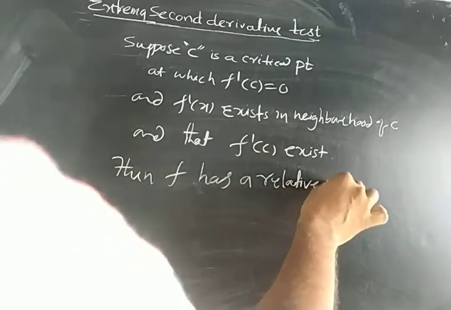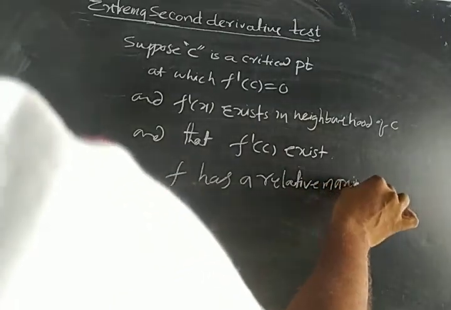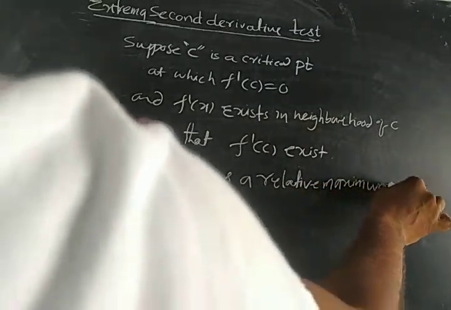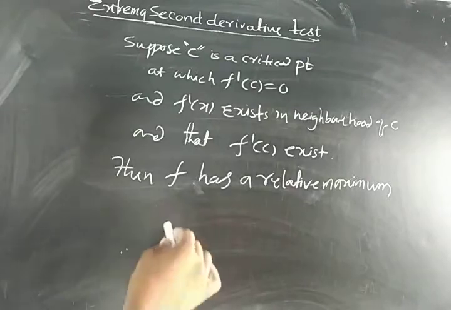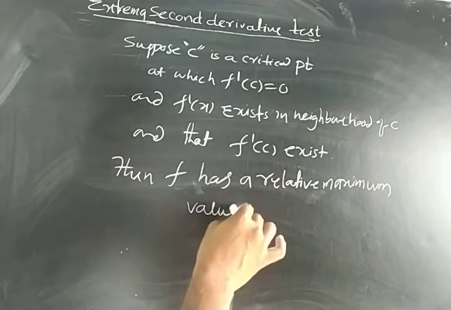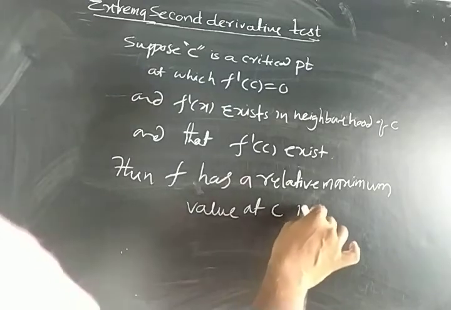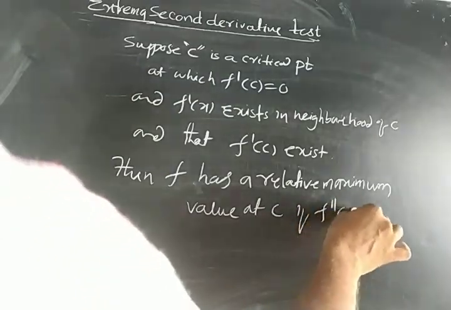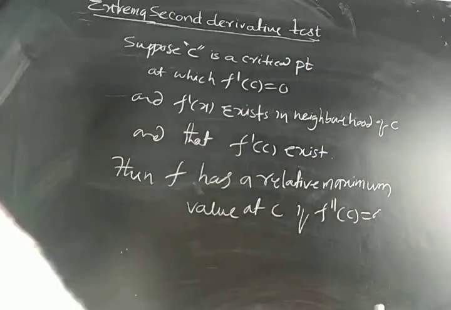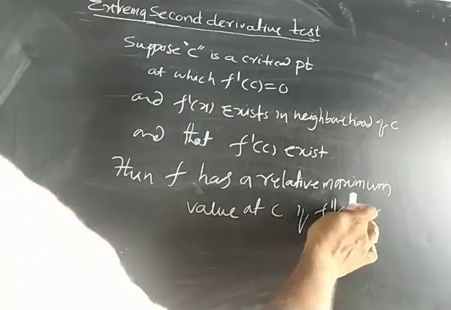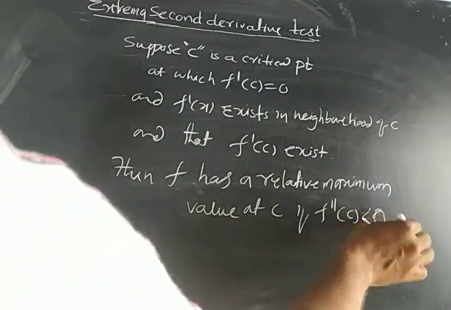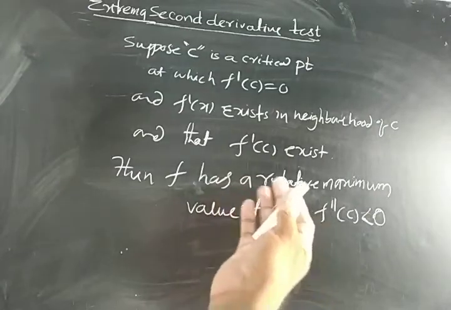Okay, relative maximum value at c if f double dash of c is less than 0. It is less than 0, concavity downward.